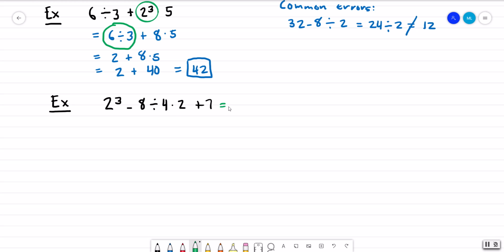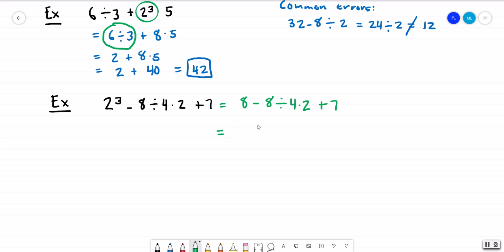Looking at this, I have the exponent of 2 cubed, which is just going to be 8 minus 8 divided by 4, multiplied by 2, plus 7.